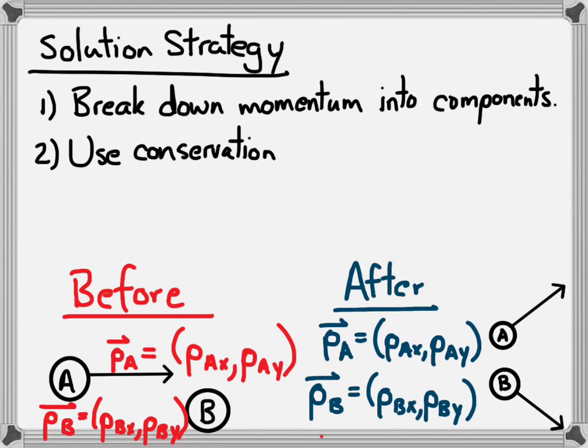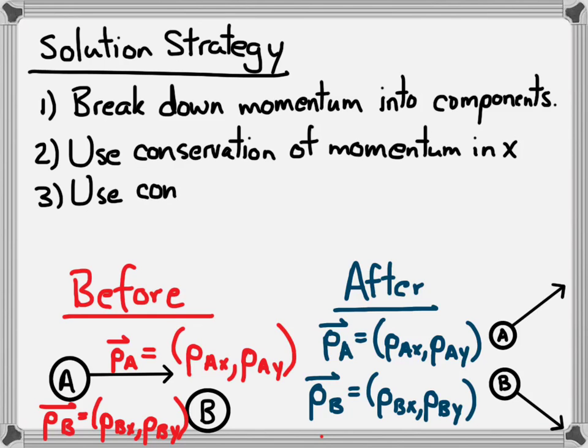Then after that, we are going to use conservation of momentum in just the x direction. The principle behind conservation of momentum in two dimensions is that you can split everything into x and y directions and then treat each direction as conserving momentum in that direction. So I can use conservation of momentum in x, and then I can use conservation of momentum in the y direction.